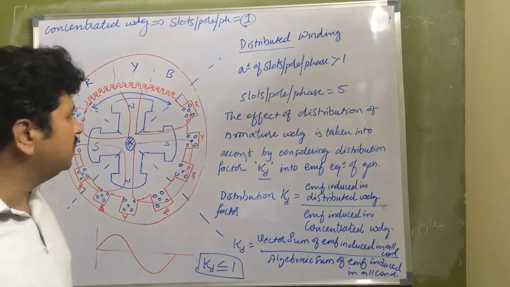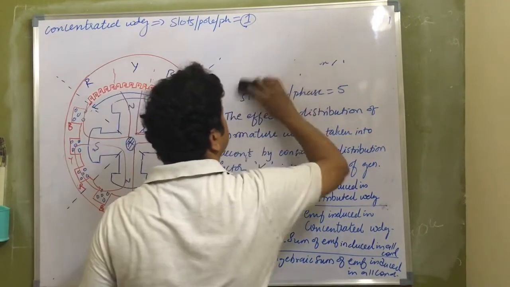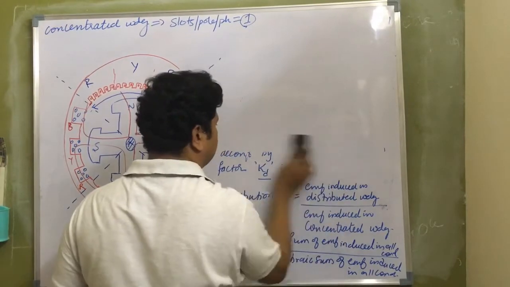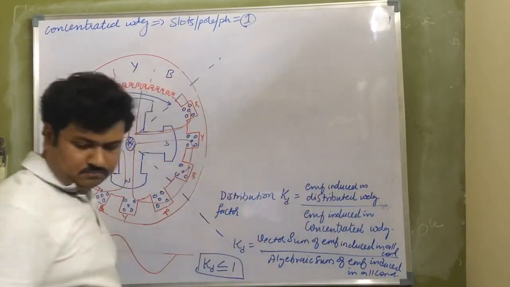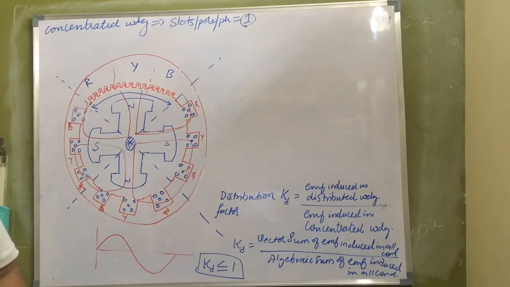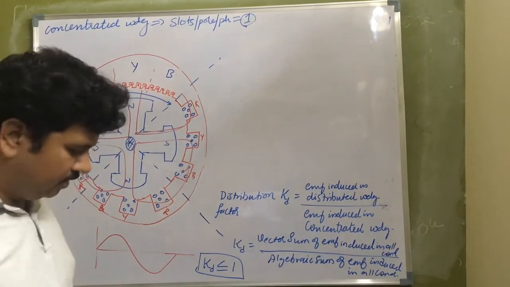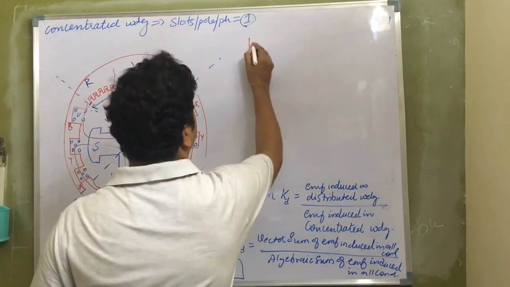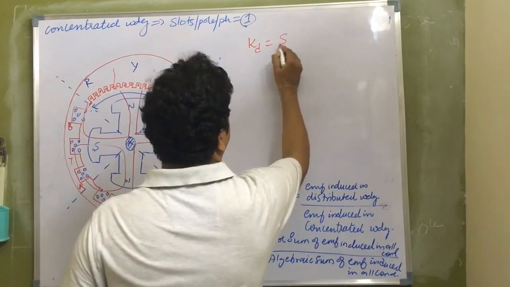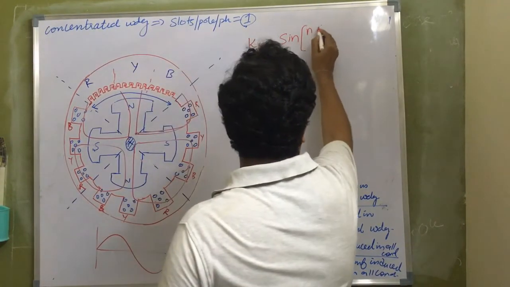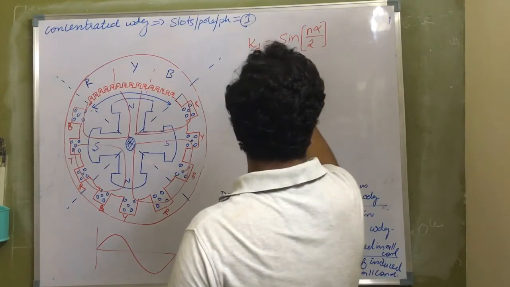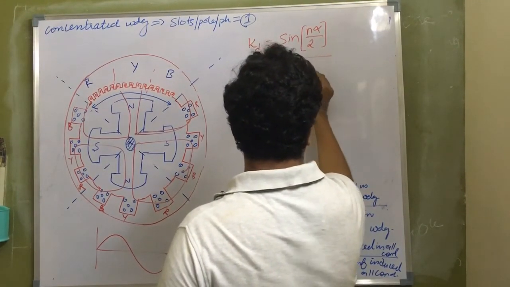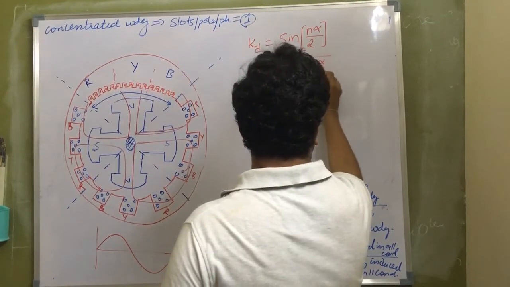Now what is the equation given for this KD? The equation for KD is given by KD is sine of n alpha by 2 divided by n sine alpha by 2.